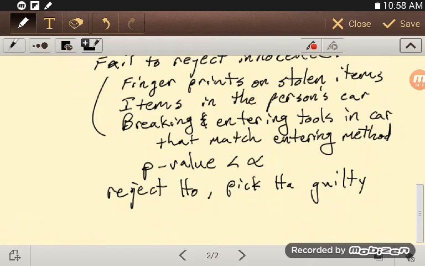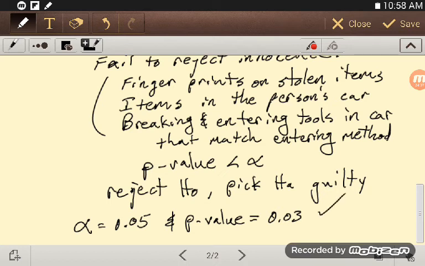For us, it just gets easier with quantitative stuff, because if I can tell you alpha equals 0.05 and p-value equals 0.03, hey, piece of cake, I got that, reject H0. That's simple.